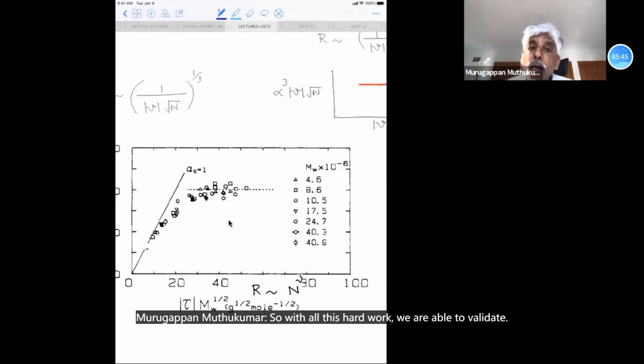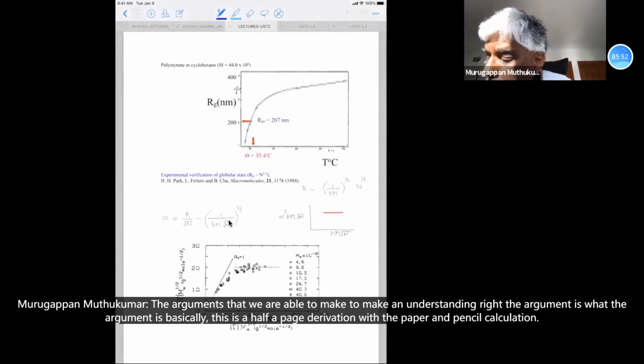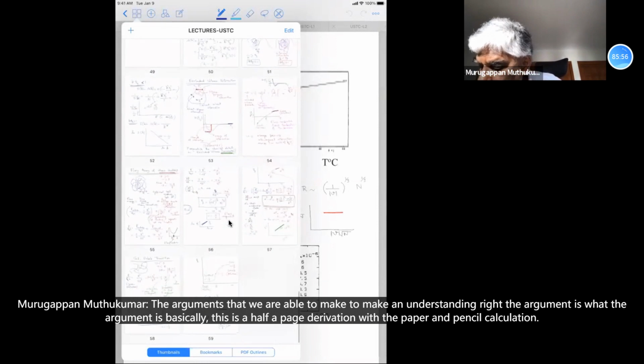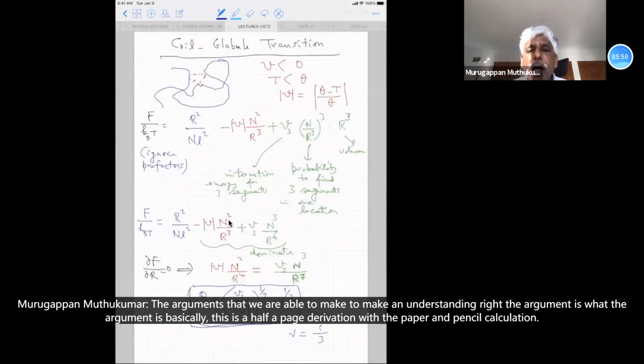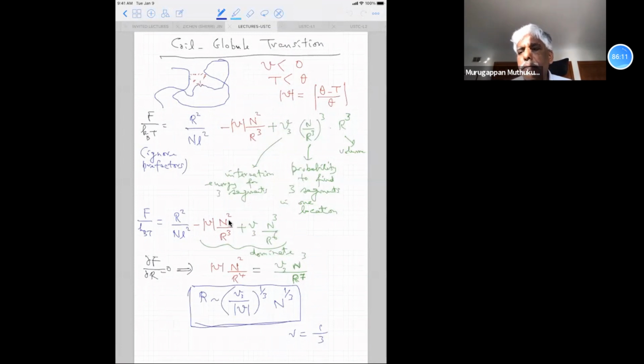So with all this hard work, we are able to validate the arguments that we make. The argument is basically this: a half-page derivation with paper and pencil calculation, right? But that gives tremendous strength to appreciate the volumes of experimental data.